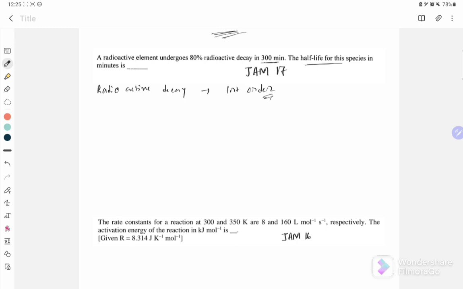We have to calculate the rate constant because t half is equal to 0.693 by K. For K we know K is equal to 1 by t ln A by A minus x. A is the initial concentration, and A minus x is the concentration of the reactant remaining after time t.